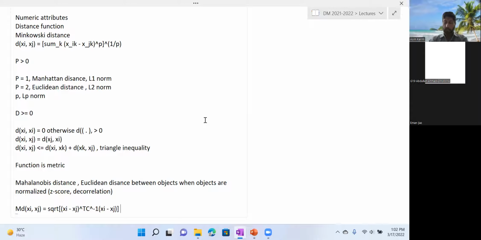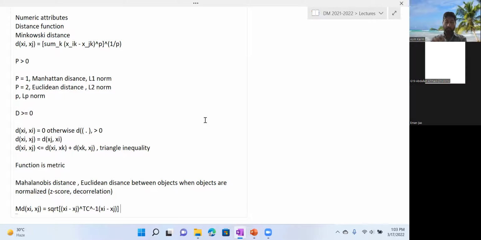So in other words, you have a normalizing factor, which is a covariance matrix. And of course, if you don't normalize, then it is the Euclidean distance. Mahalanobis distance is actually more common for computer vision. It is less common in general data mining because of the decorrelation impact, because usually decorrelation tends to obfuscate your patterns in the data.